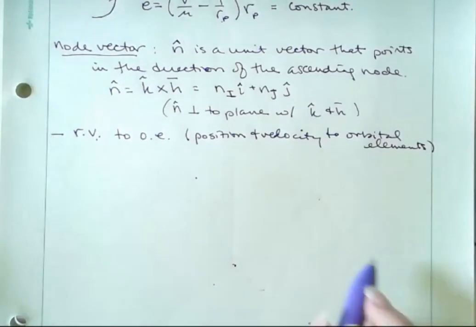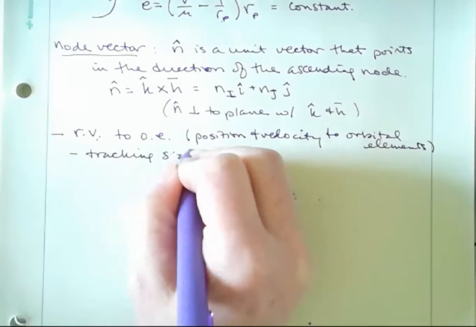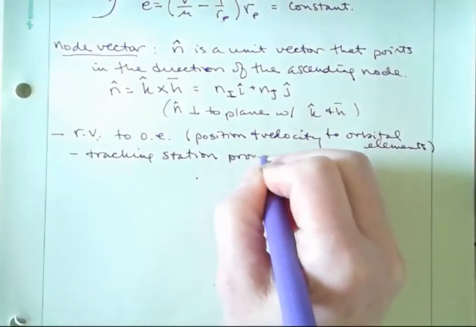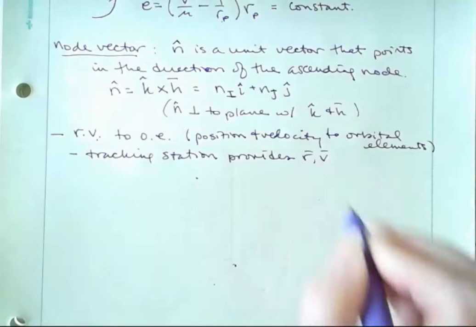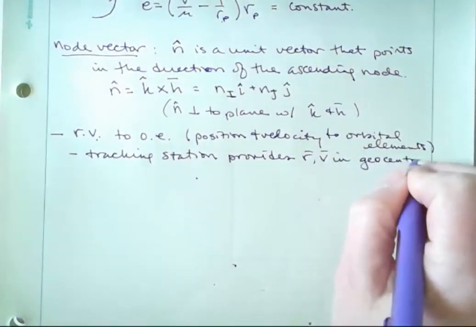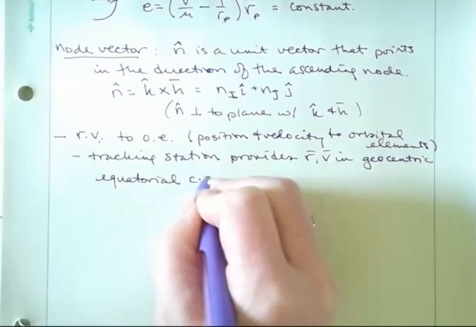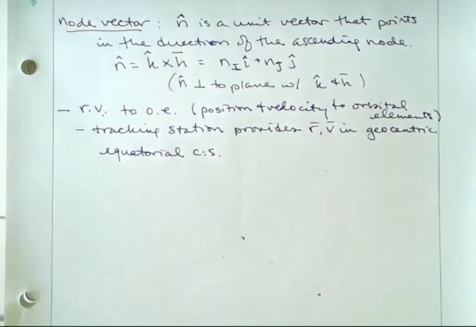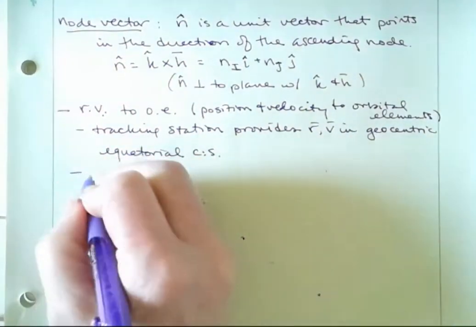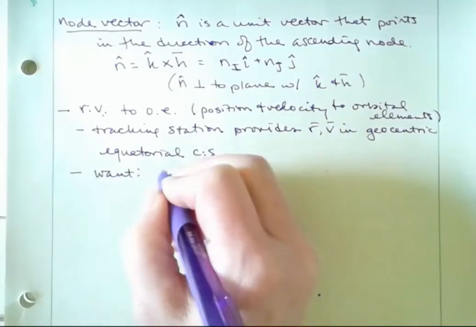Essentially here you're going to have a tracking station that's going to provide you with position and velocity measurements. Those measurements are going to be provided in that geocentric equatorial coordinate system that we talked about. What we want to do is convert that position and velocity vector over to the 6 orbital elements.